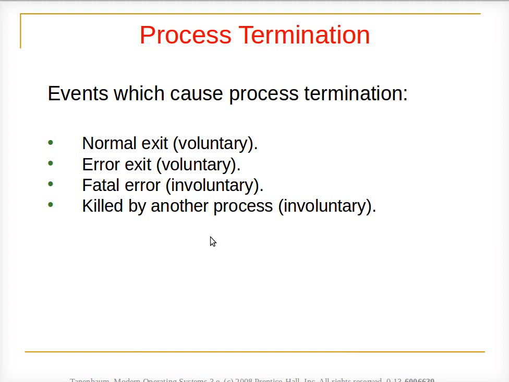The process termination, which is basically terminating or killing a process, can be twofold. It could be either voluntary or involuntary. If you are returning a value, it means that you will voluntarily exit, which is a normal termination of the code.